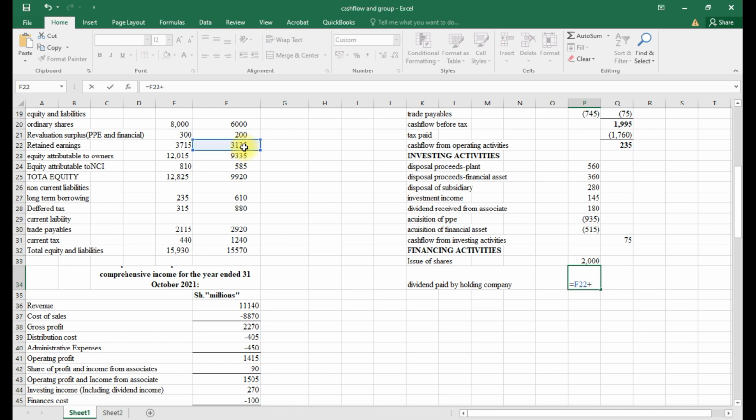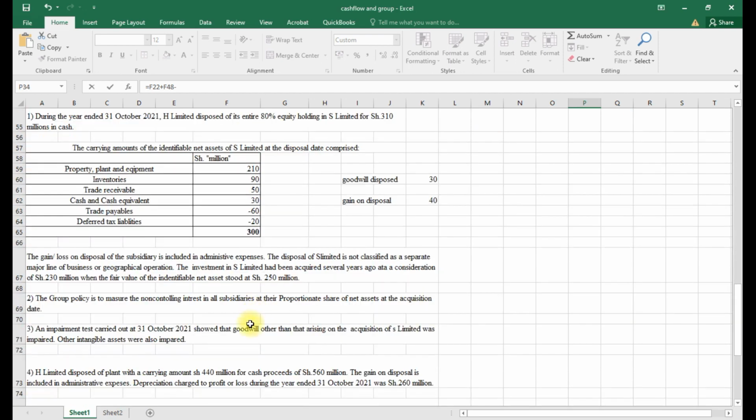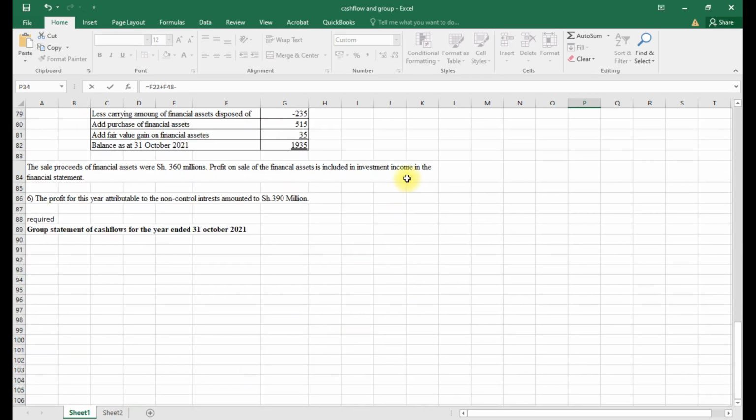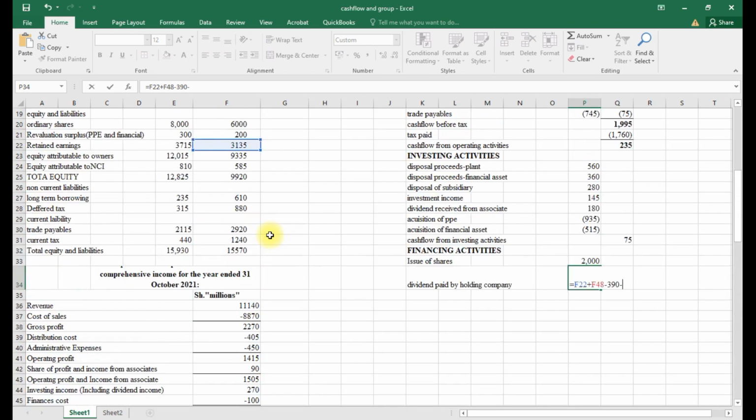We add the income for the year. The profit for the year was 1260, but out of 1260 we had 390, the last note, attributable to non-controlling interest. We minus the one for non-controlling interest, and we minus the closing balance. We closed with 37.